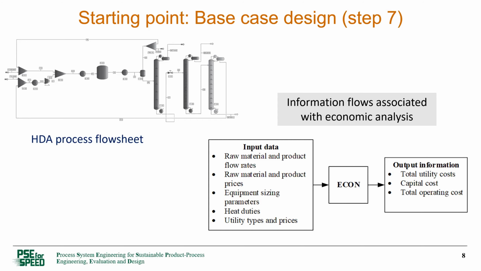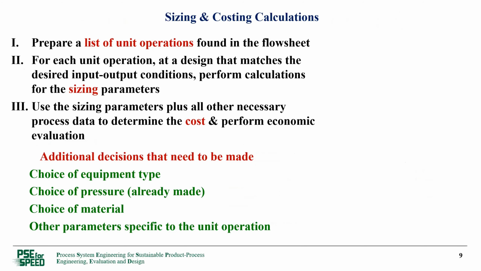So how do we do the sizing and costing? First, we prepare a list of unit operations that are in the flow sheet. Then for each unit operation, at a design that matches the desired input-output condition, which is already done because the simulation is done at that design, we perform the calculations for the sizing parameters.